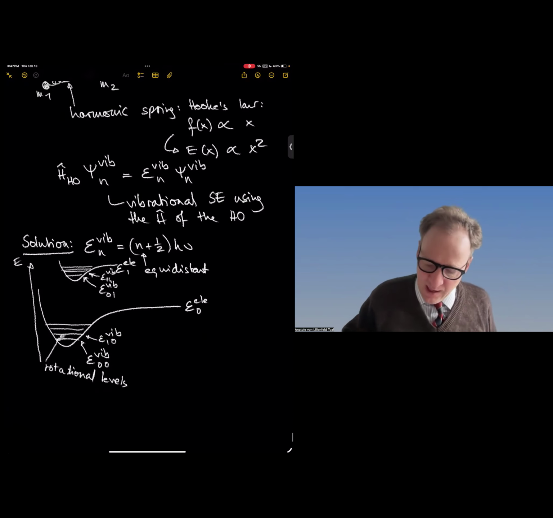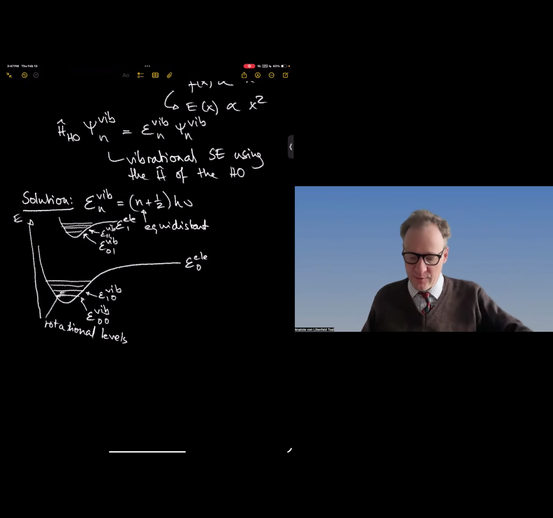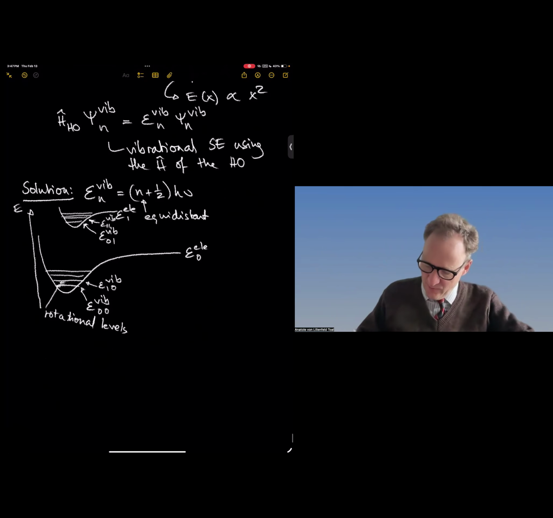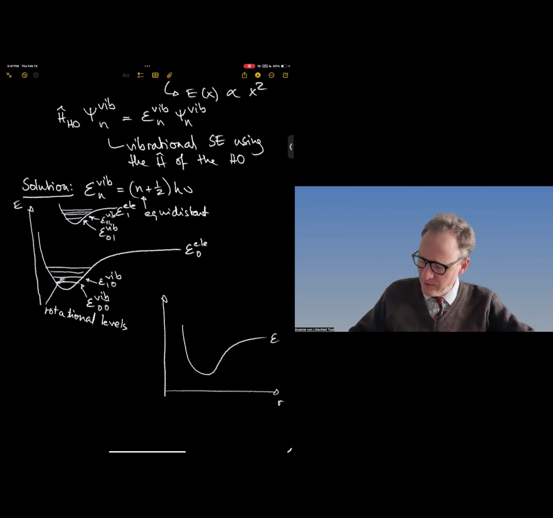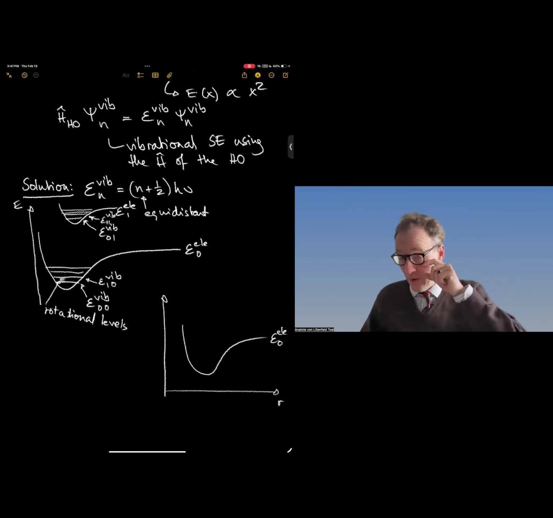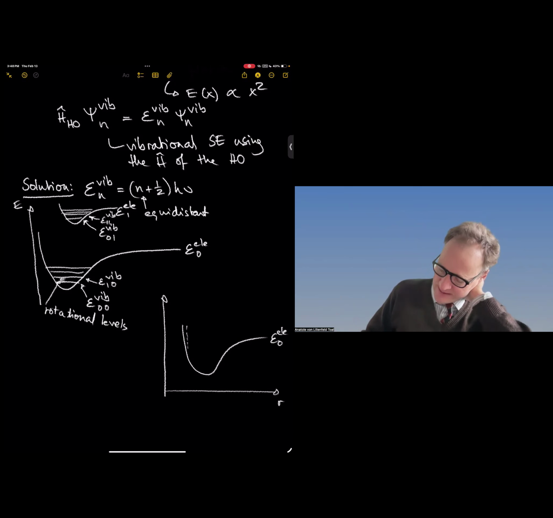So what we do now, when assuming that your potential is a quadratic function, is that we say, and this is the interatomic distance, R, our potential here, our electronic ground state, or really any other state, but it should be a binding state. We approximate this by a quadratic function, right?